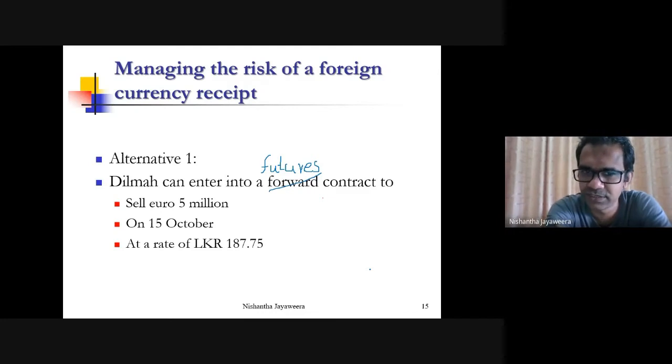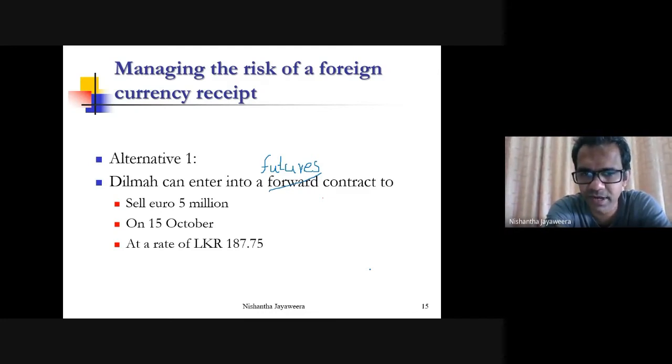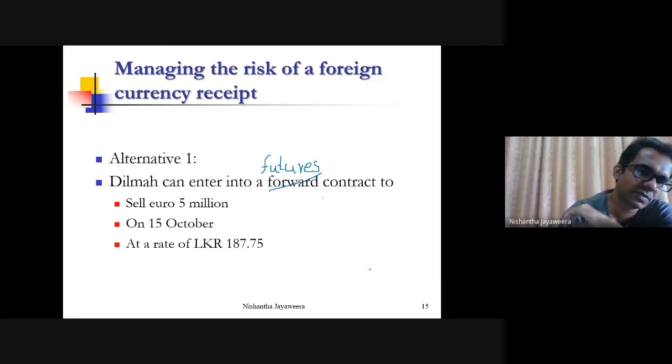But in a futures contract, it's not like that. You have to maintain margin. On the very first day, you have to keep the initial margin. Then depending on the market movements, you may have to place variation margin.